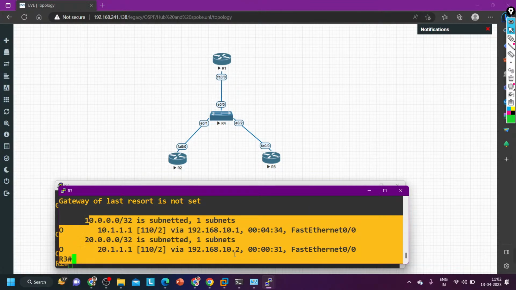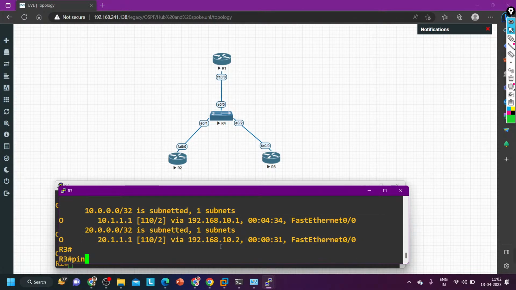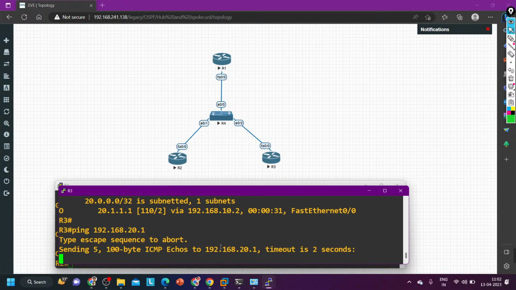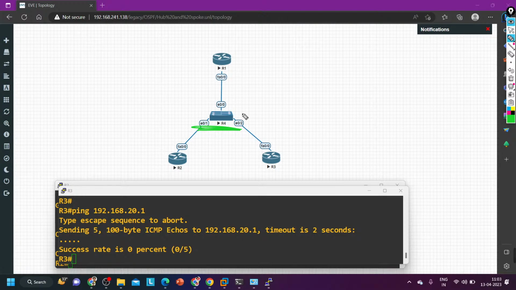And next hop IP address. So can I ping 192.168.20.1? Will it work, guys? No. Why will it not work? Because we don't have connectivity between here and here. Actually, this switch will learn the MAC address of this interface on this port, and the MAC address of this interface on this port. Yes or no?